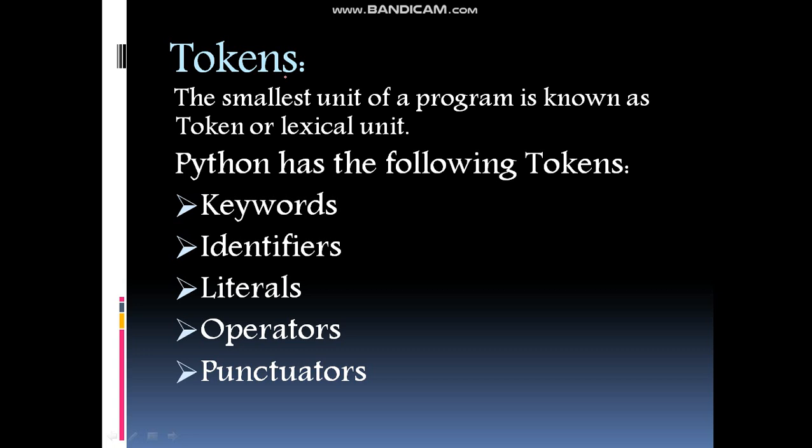For example, if you use the term boy, or man, or tiger, these are simple words with the help of which we understand that they have a certain meaning. Similarly, there are certain parts of a program which have a certain meaning, and they are the smallest parts of the program, and combinations of these parts will create the program.